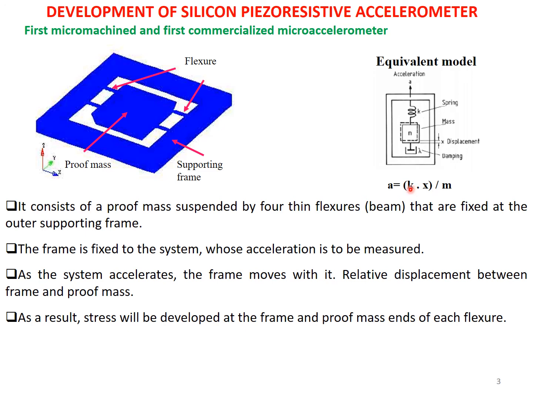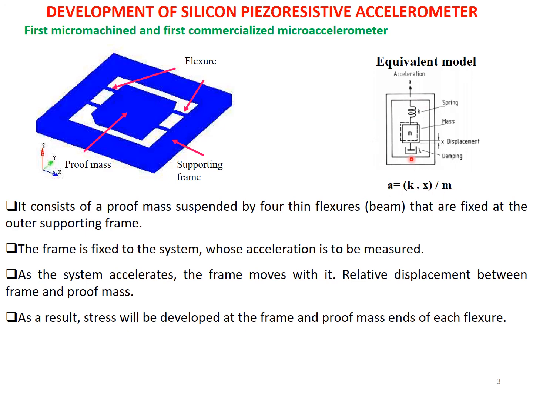So k is the spring constant, x is the displacement of the mass, so k into x is the spring restoring force, and m into A is my applied force, because if the acceleration applied to the device is A, then the force experienced will be m into A. And at steady state, if we don't consider damping, then simply this m into A, the inertial force, will be counterbalanced by the spring force. So that's why m A equals k into x, right? Where A equals nothing but k into x by m.